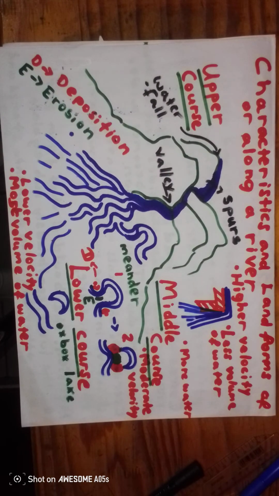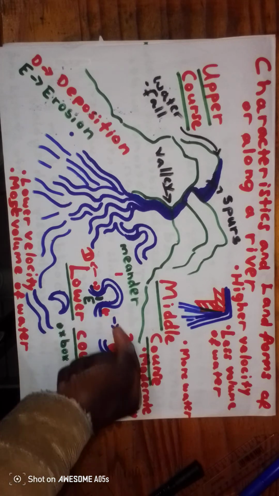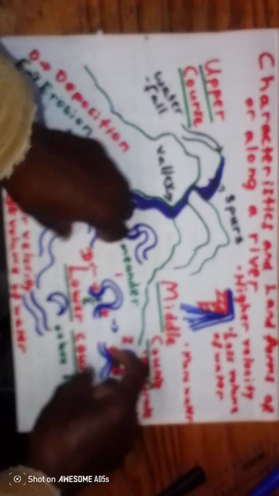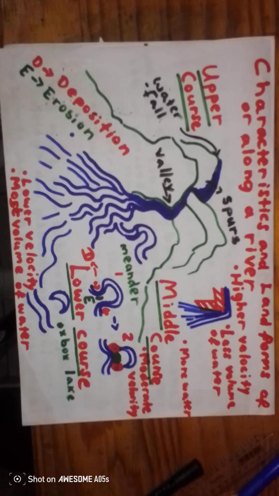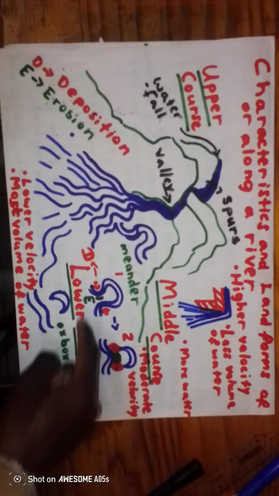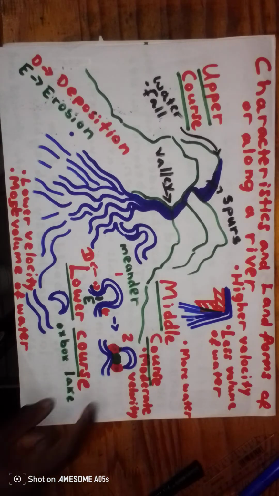With erosion and deposition, these are the two processes that make up a meander, because there is deposition happening inwards, and then outwards there is erosion. It creates that shape, like this.